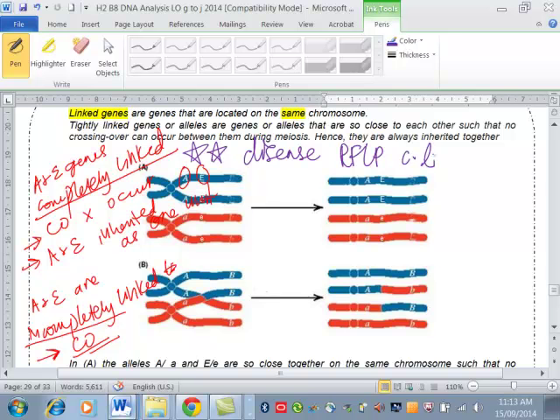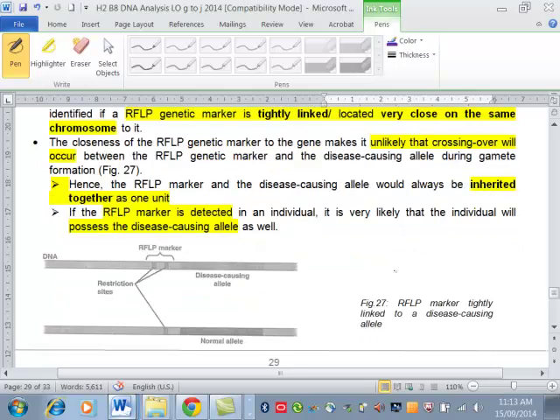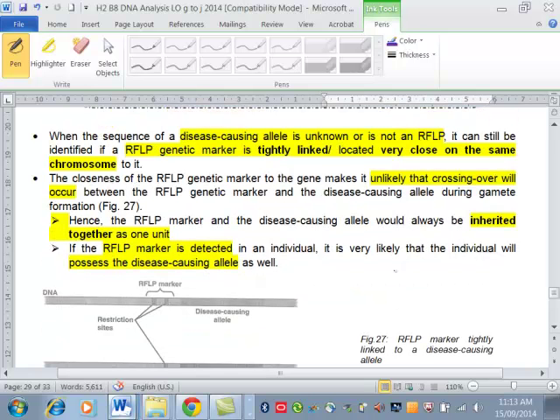I'm not going to spell out, okay? The RFLP must be completely linked in such a way that the RFLP and the disease allele will be inherited together as one unit. Okay? So over here it shows you that the disease-causing allele and the RFLP marker are always inherited together as one unit because they are very close to each other.